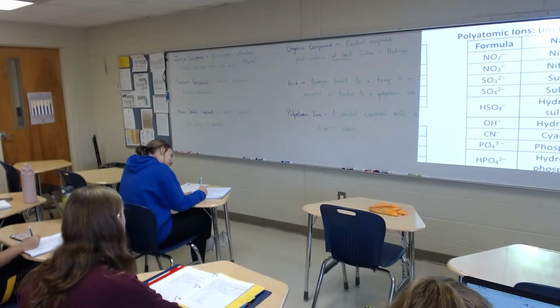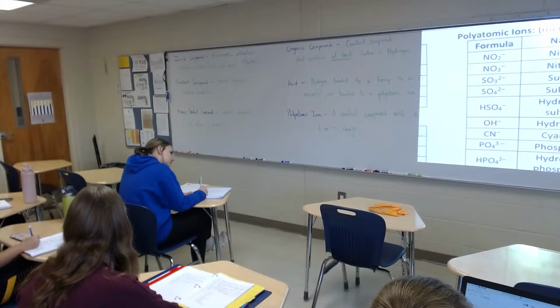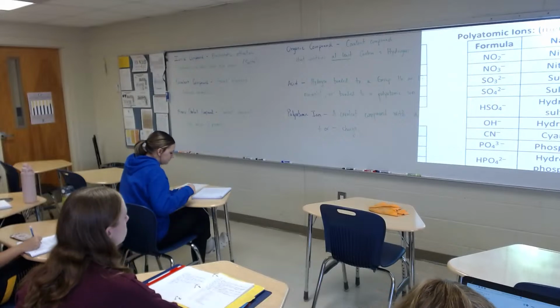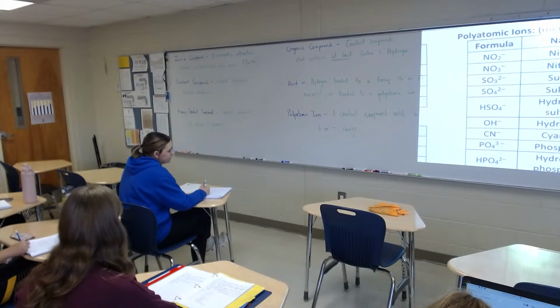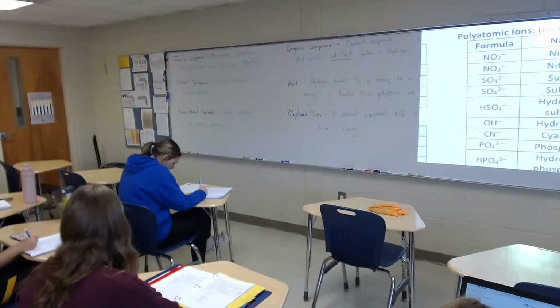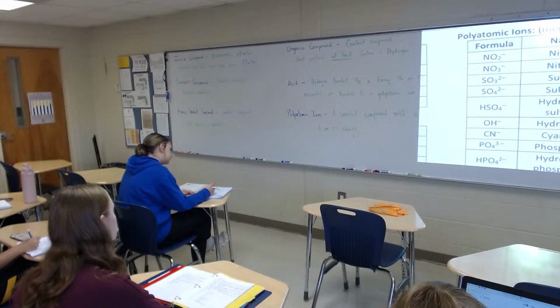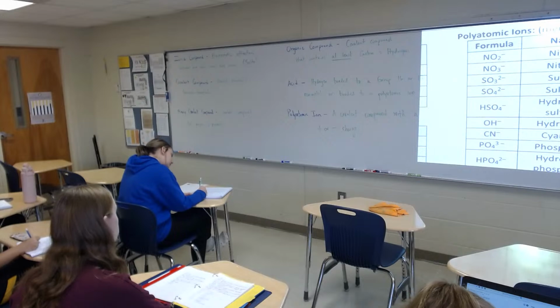More specifically, binary covalent compounds are something that we will deal with in the next few days. And those are covalent compounds that have just two nonmetals. You can have 3 or 4 or 10, but a binary covalent compound just has two. An example would be water, hydrogen, oxygen, 2 nonmetals.